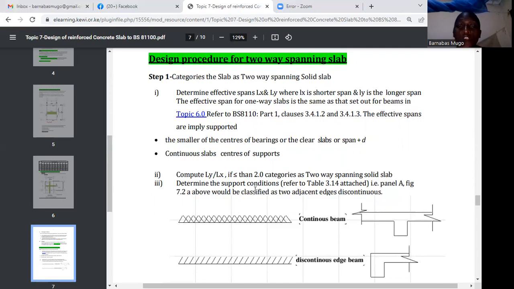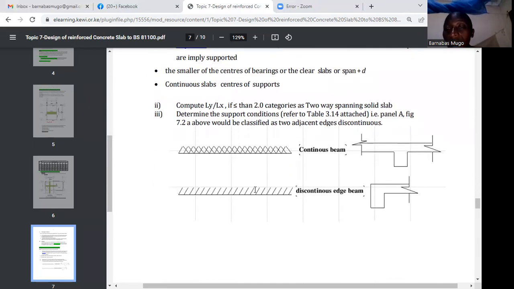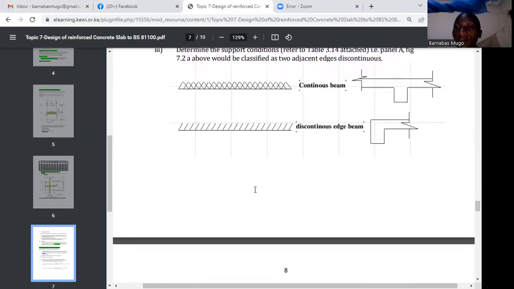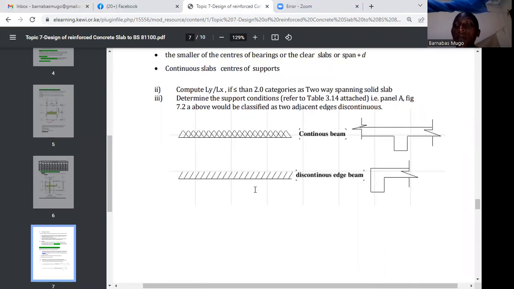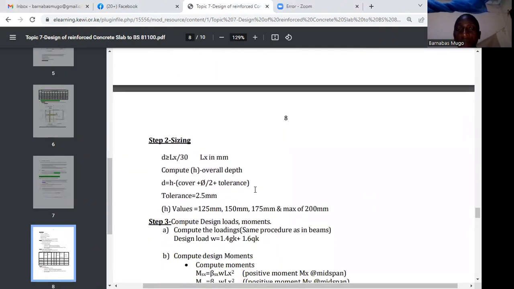Then you need to determine the support condition, that is, whether it is a continuous beam or a discontinuous hinge beam. That is the support condition by which your slab is supported.